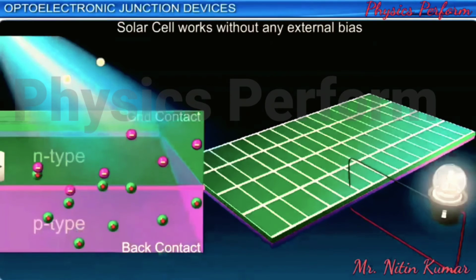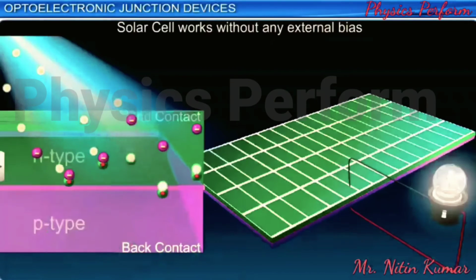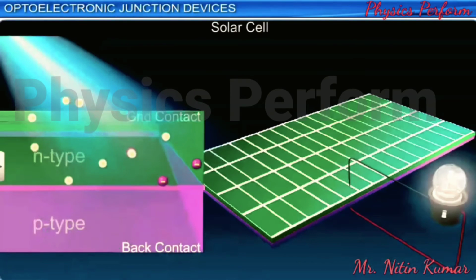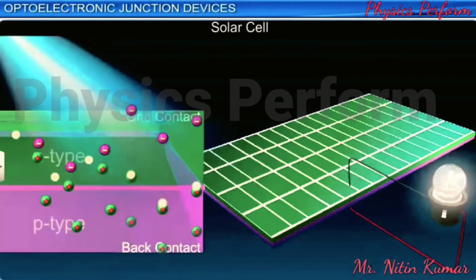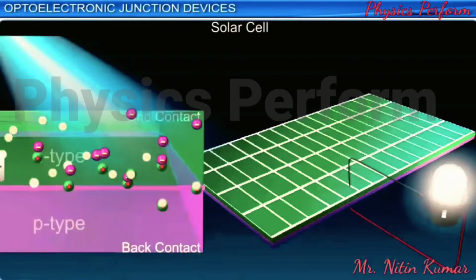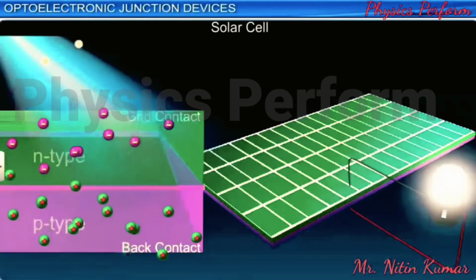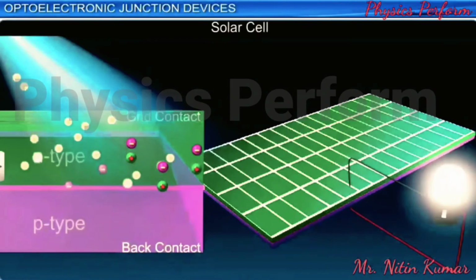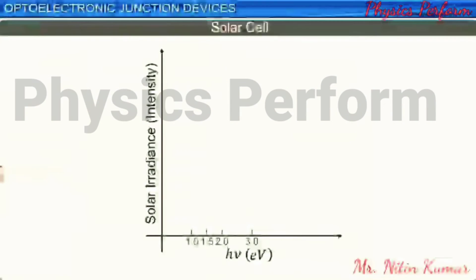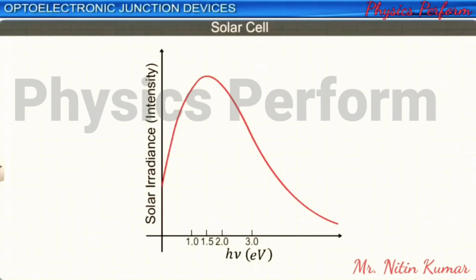However, just like a photodiode, the photocurrent produced by a solar cell depends on the intensity of the incident light. If we plot the intensity of solar radiation against its energy, we find that the maximum intensity radiation is produced by photons having energy equivalent to 1.5 electron volts.